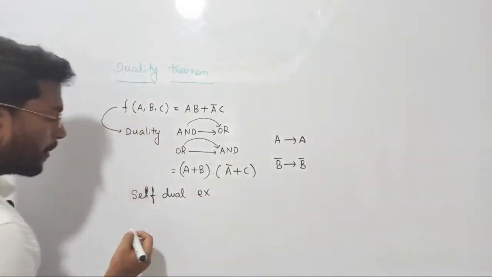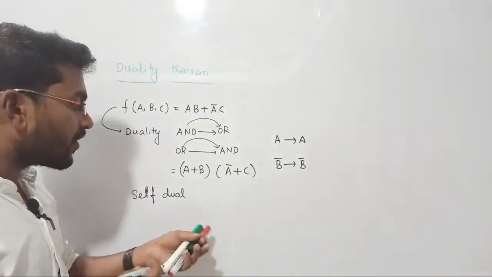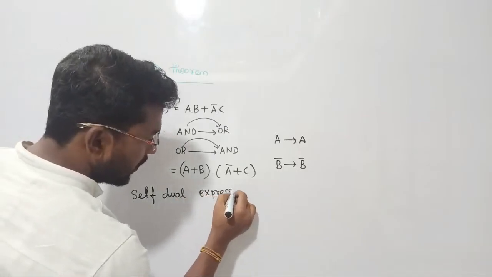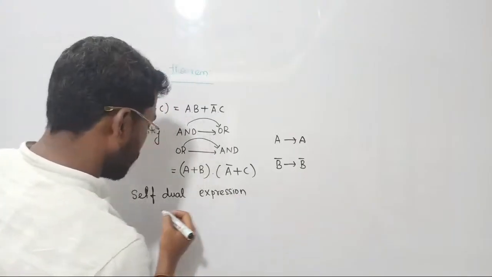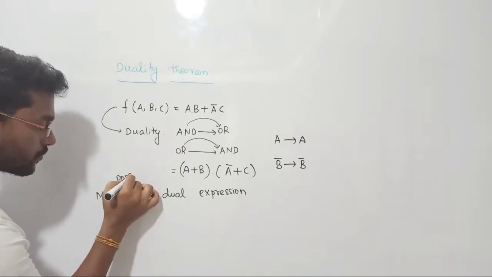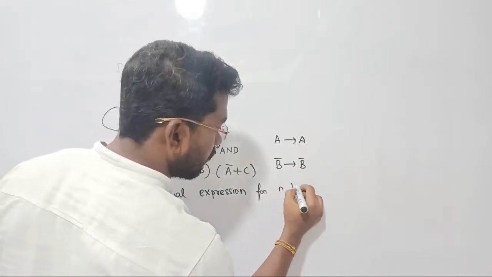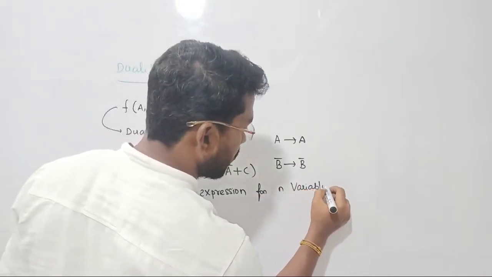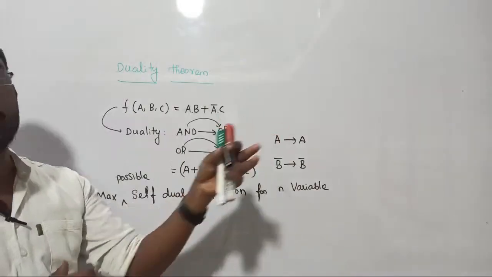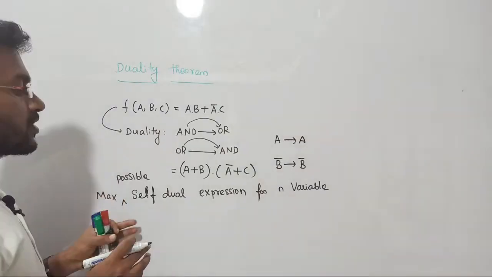So the maximum number of possible self dual expressions for a given variable, right? Guys listen, the maximum possible self dual expressions for n variables. When n variables are given, like a b c d e f g h, you are considering n number of variables, what is the maximum possibility of self dual expressions?